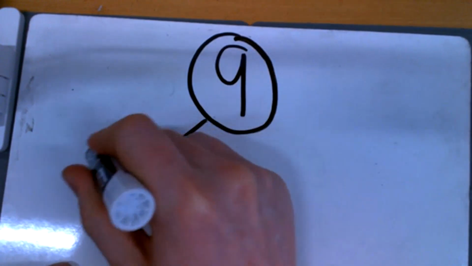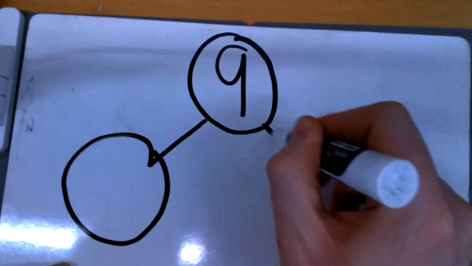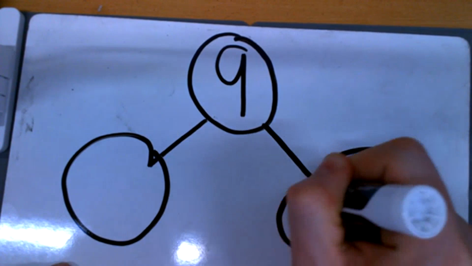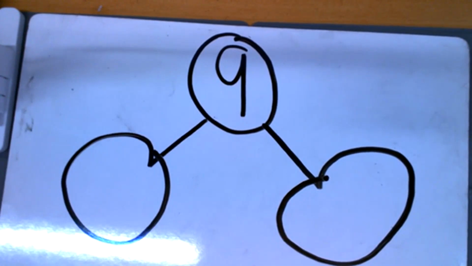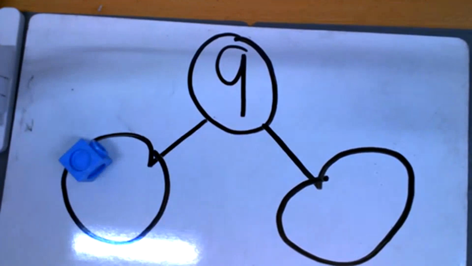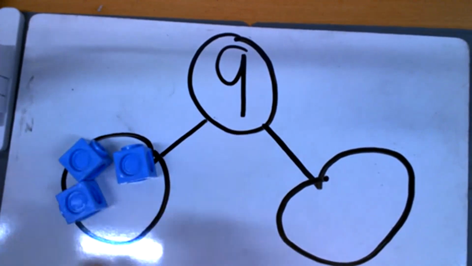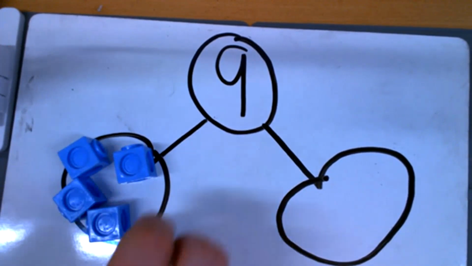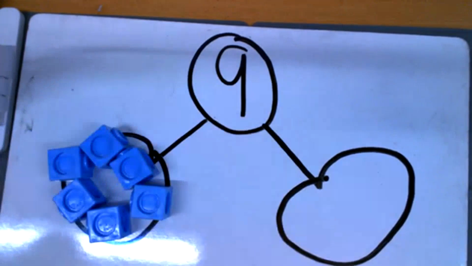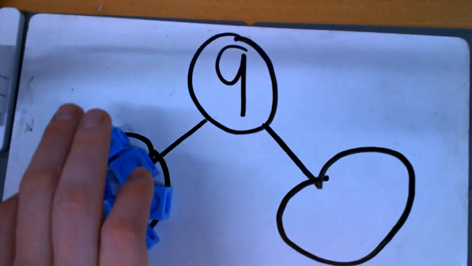And I'm going to have my 2 parts. Okay, got my 2 parts and I've got my 9 there. Right, I want you to start with all of your cubes in one part. You can do this one or you can do the next one.